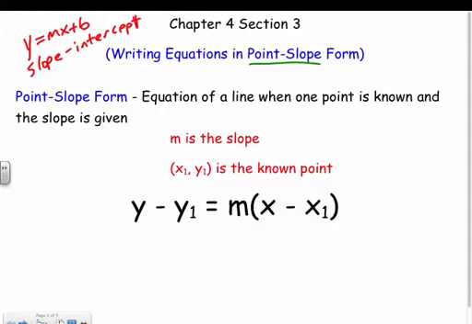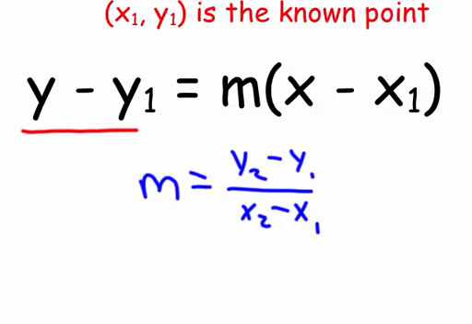And the funny thing about this point-slope form, which a lot of people don't know, is that it's derived from the slope equation. So if I think about the slope formula here, it was y2 minus y1 over x2 minus x1. Well, if I wanted to, you notice how this y minus y1 is by itself over here?